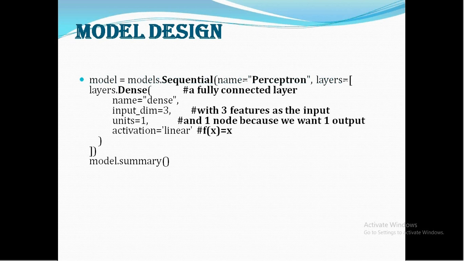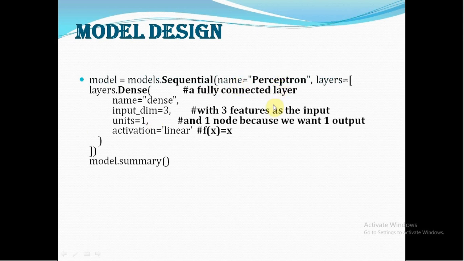Model design. The easiest way to build a neural network with Tensorflow is with the sequential class of Keras. So, a model with only one dense layer. It is the most basic layer as it feeds all its input to all the neurons, each neuron providing one output. The name: perceptron.